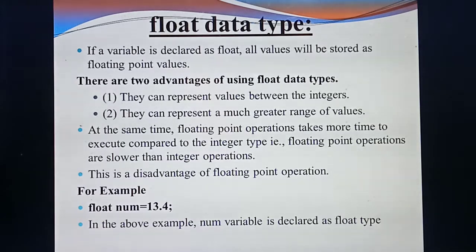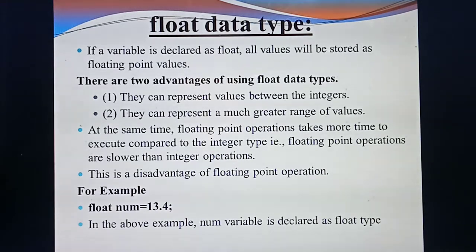Floating point values are point numbers. Understand? For example, 5.6, 5.7, 30.4, 100.6. If you need to use point numbers in the program, you should represent them as which data type? Float.